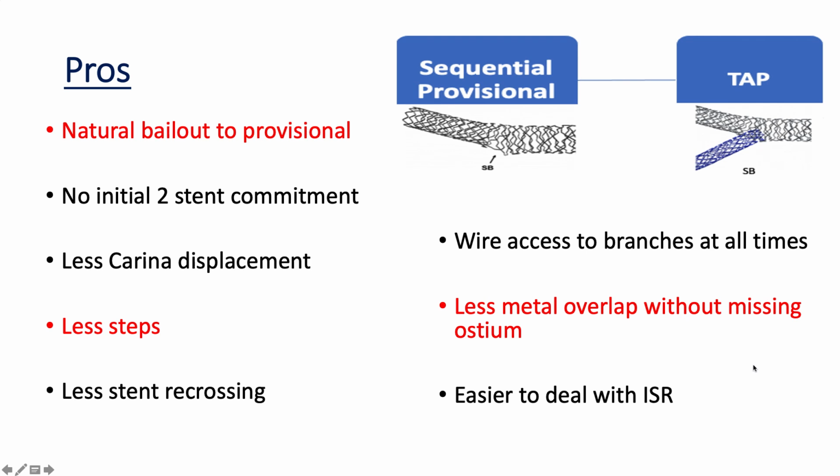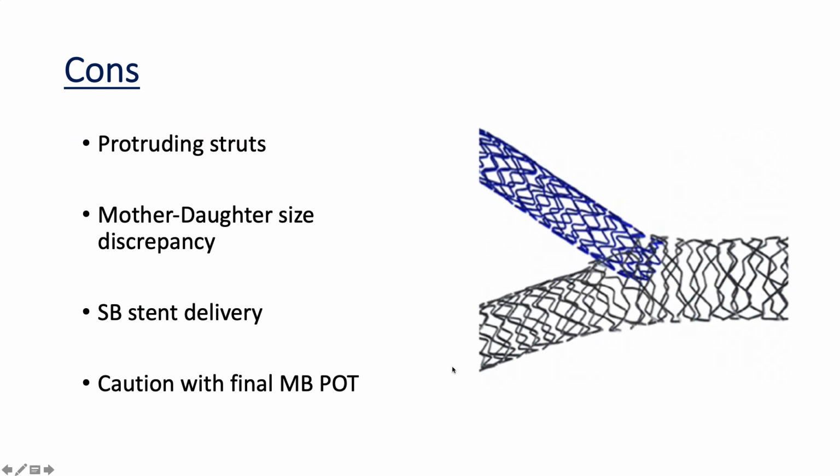And one of the biggest advantages is that when patients present back with in-stent restenosis, which is obviously slightly higher in bifurcation stents, then taking care of that is much easier than if a DK crush or a Culotte presents with in-stent restenosis and multiple layers of stents. The cons are obviously the protruding struts.